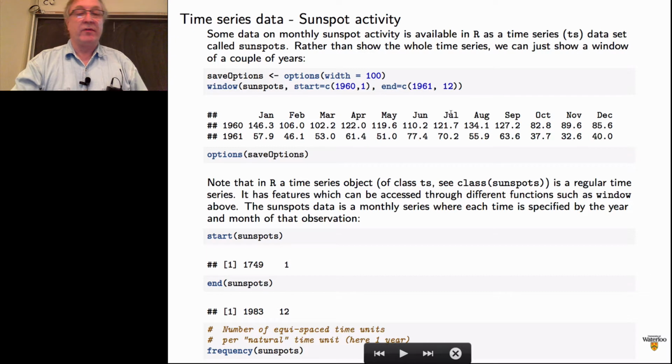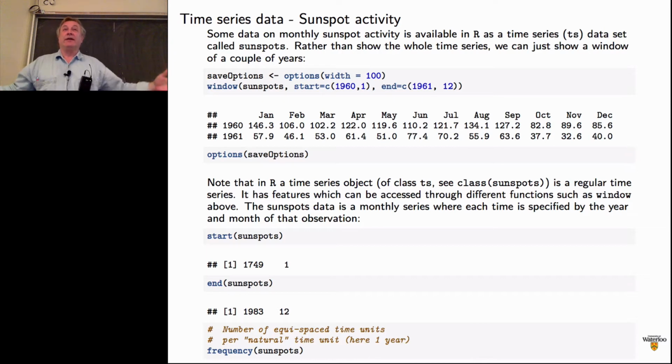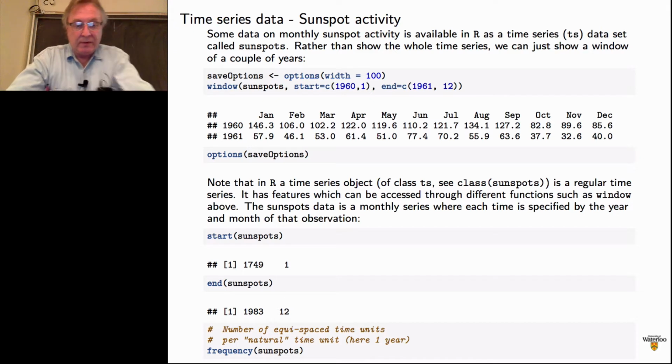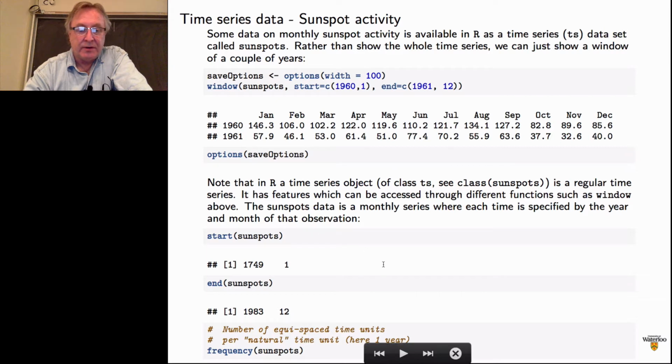So it's going to have January, February, etc. This looks like a two-dimensional array, but it's not really. It's just a way of laying that out. It's a single time series over time. We know they're going to be all January in the first column, etc. Okay, so it's a time series object. The frequency is going to be 12 per year.